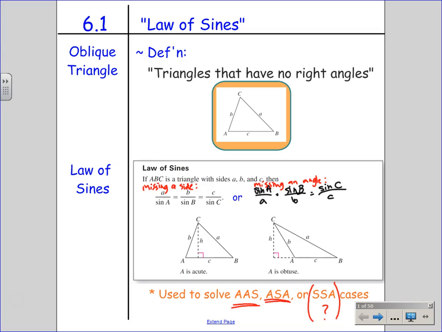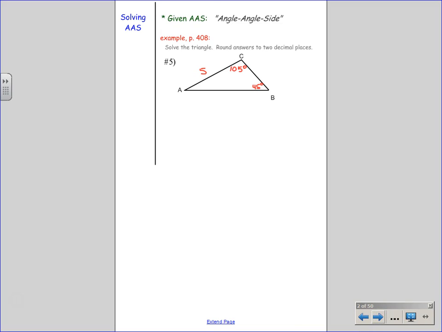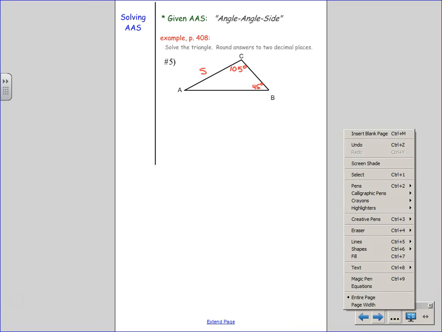You're going to see SSA. But the reason you couldn't use it in geometry is because just because you have SSA doesn't always point you to one and only one triangle. All the rest of the pieces of information say, hey, one triangle, one set of answers, done. This one says, there's some ambiguity.